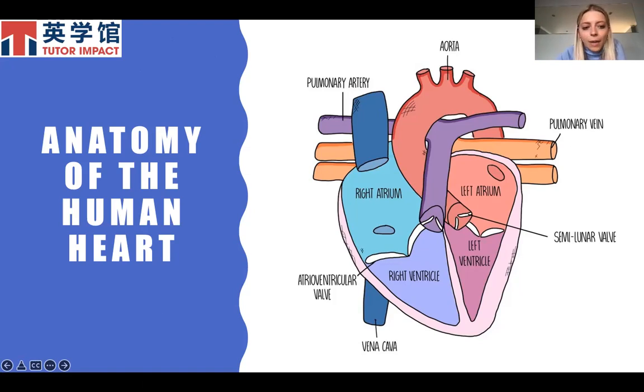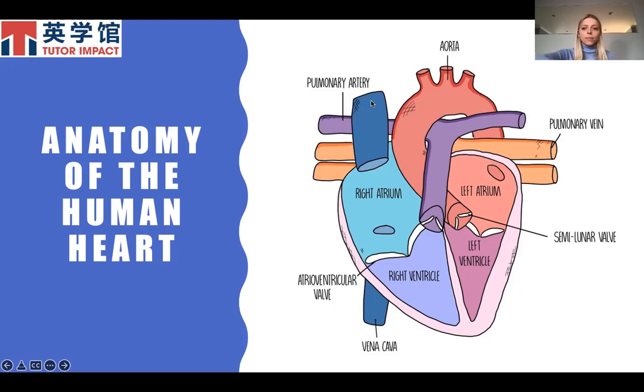So we'll quickly recap that again. Blood starts off deoxygenated from your muscles and comes into the heart via the vena cava. It goes into the right atrium, then down into the right ventricle. It's pumped out of the heart through the pulmonary artery and goes to the lungs, where it is given oxygen.